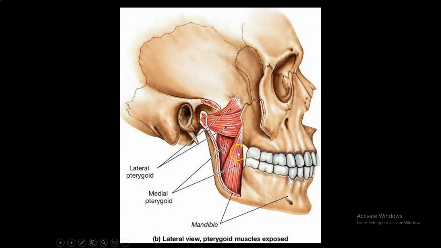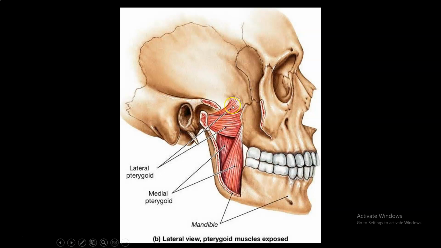And as we said, the lateral pterygoid is lateral to the medial pterygoid, and the lateral pterygoid muscle has an upper head and a lower head, or a superior head and an inferior head.